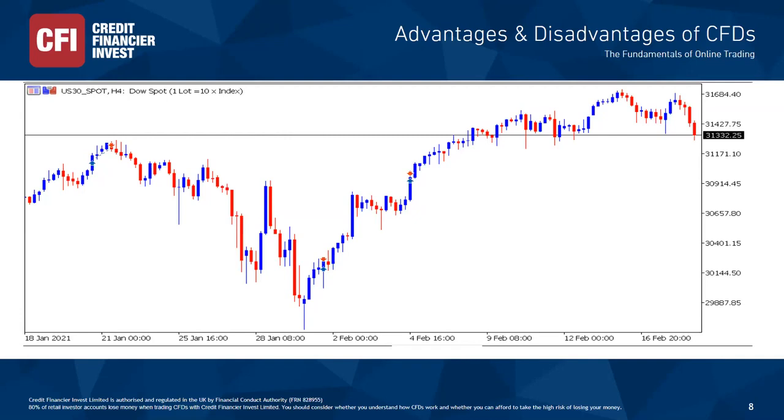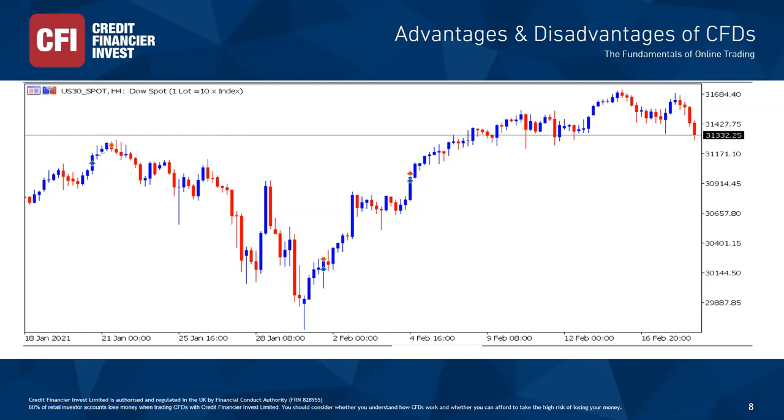So now, with the previous example of the 5%, let's say the Dow Jones goes down by $3,133. If you were in the cash market, you would only have lost about 10%, right? However, with CFDs, as I mentioned in the previous example with the 5%, you only have to deposit $1,466.